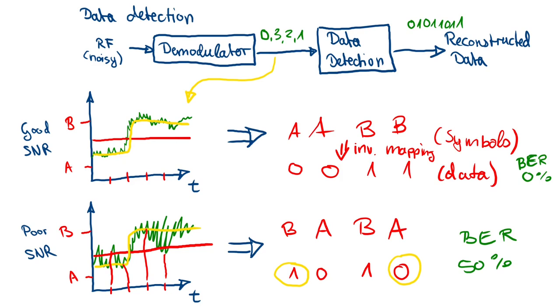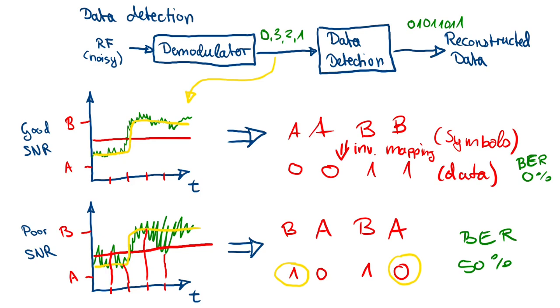A digital communication system has to deal with those bit errors, because you cannot avoid them completely. There's always noise in the system, and there will be bit errors. The poorer the signal-to-noise ratio is, the more bit errors are present after decoding.